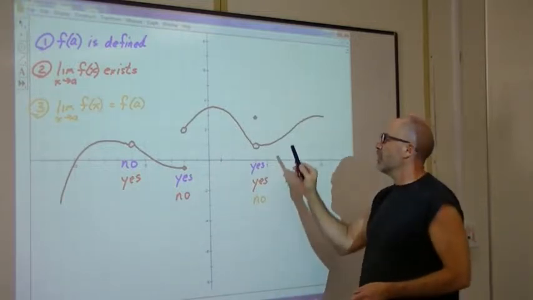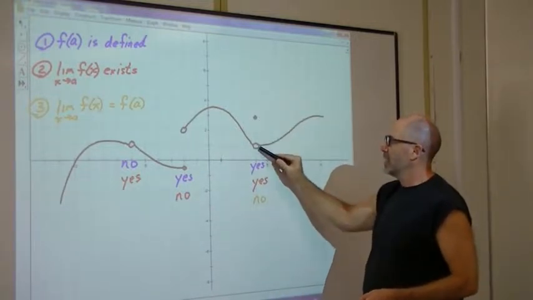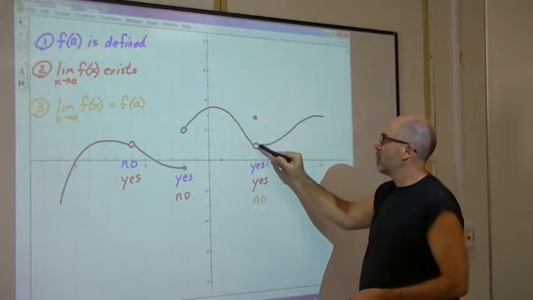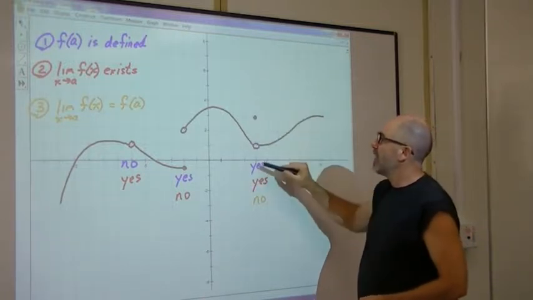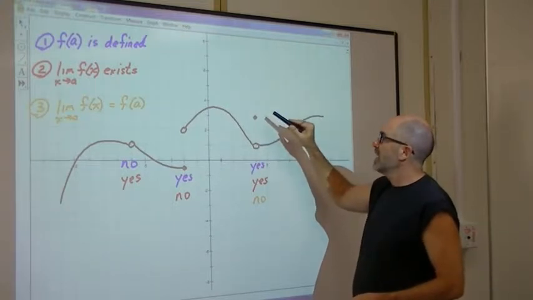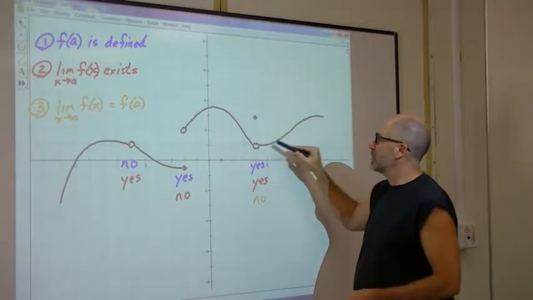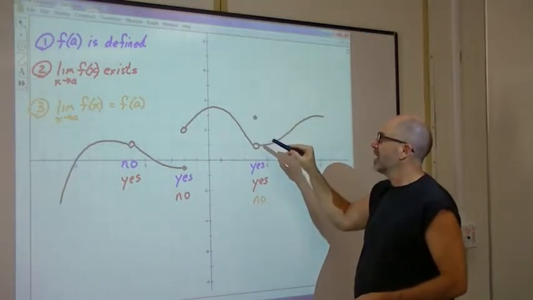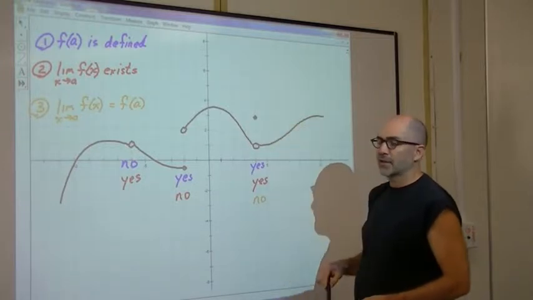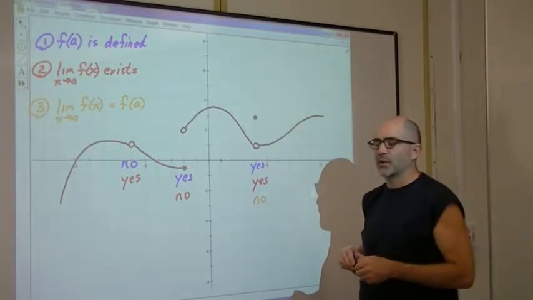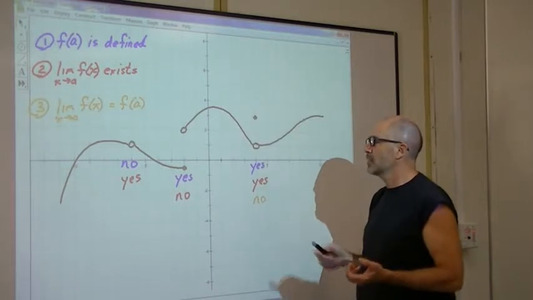And then with the removable discontinuity, basically you have a point discontinuity with another point defined. So you see that f of 4 is defined, and the limit as x approaches 4 of f of x exists, but they're not equal to each other. So you don't have continuity at x equals 4.